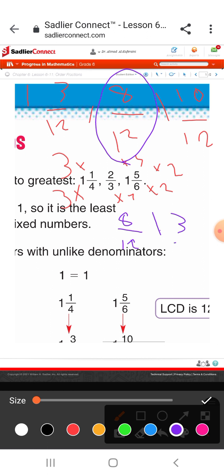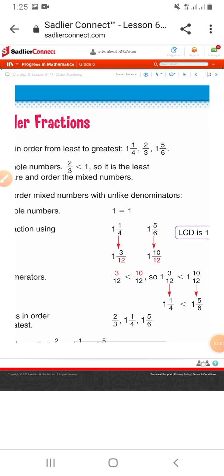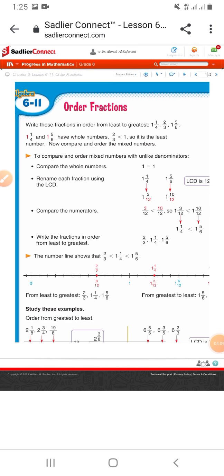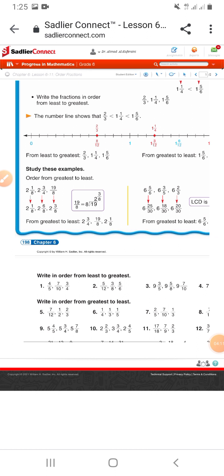You have to make all the fractions have common denominators, and then you can compare. Study these examples. Here we have order from greatest to least. We have 2 and 1 out of 8, 2 and 3 out of 4, and 19 out of 8.